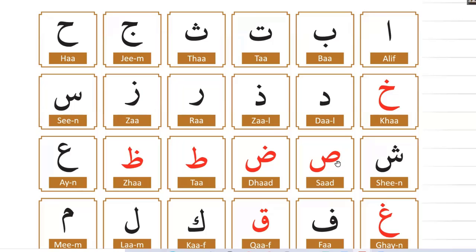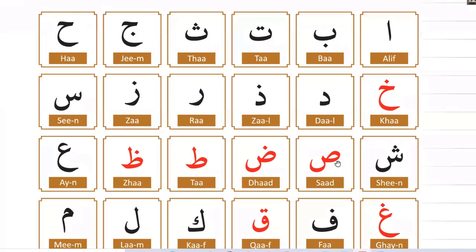The side of your tongue will touch the upper molar teeth, and you pronounce dad. It is a heavy letter, an awesome letter, right? So the back of your tongue remains elevated, and the side of your tongue touches the upper molar teeth, right? And this is again a heavy letter.